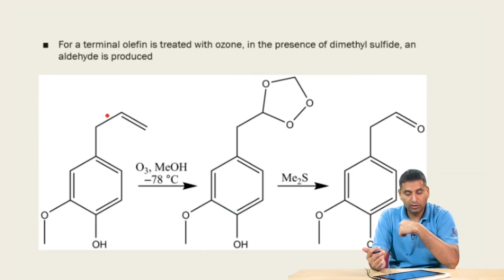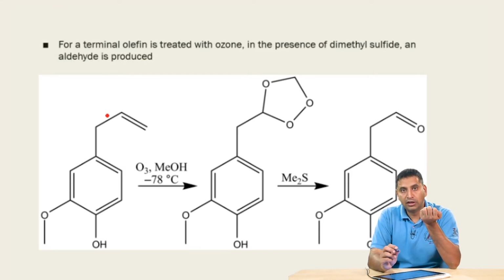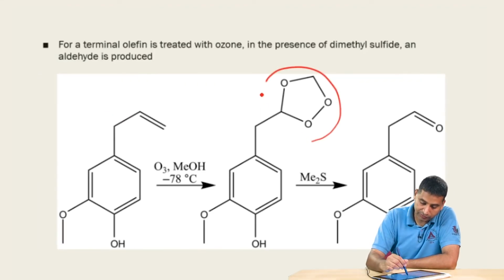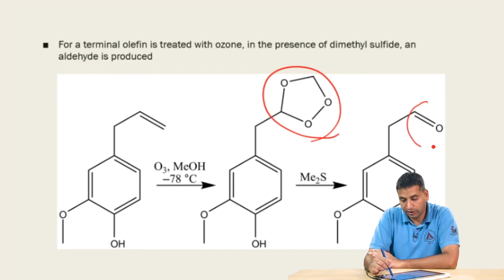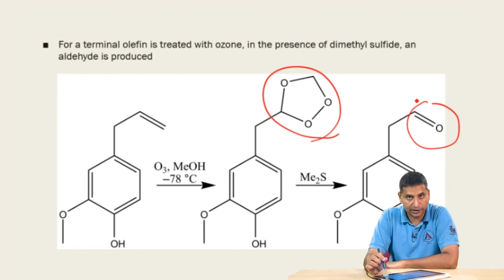What happens when you have a terminal olefin? So, here is an example of a molecule with a terminal olefin, and so when this is reacted with ozone in the presence of methanol at -78 degrees, you get an intermediate such as this, which is then reacted with dimethyl sulfide to give you the terminal aldehyde, and of course, the other product there that is formed is formaldehyde. Okay.